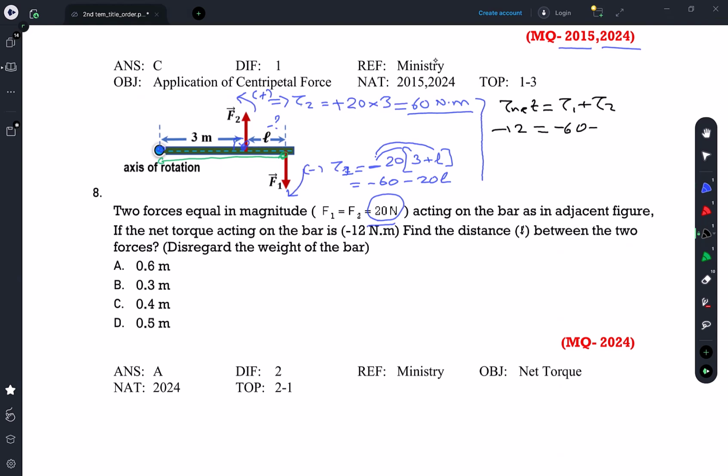Torque 2 is +60. So this +60 and -60 will cancel. So -12 is equal to -20L. Divide both sides by -20, and you will get the answer. So L is going to be 12 divided by 20, 0.6. 0.6 meter is the answer.